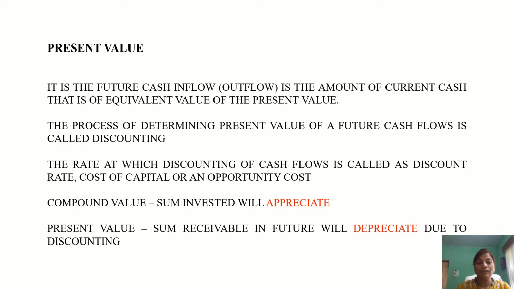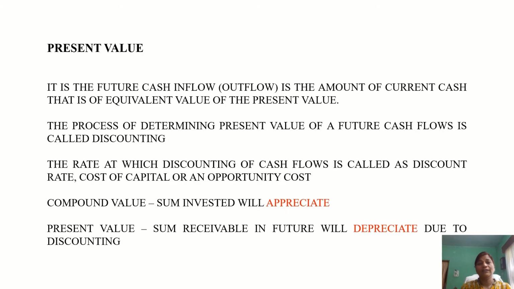This is what we are going to calculate in present value. This process of determining the present value of future cash flows is called discounting. So how do we discount this? We use a discounting rate or a cost of capital, which is also called opportunity cost.